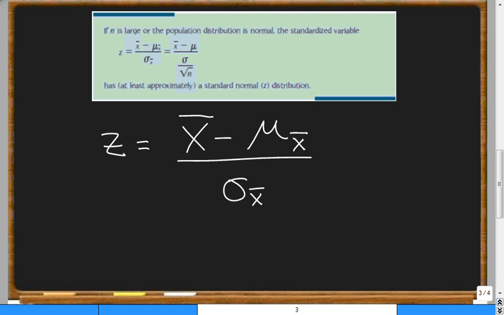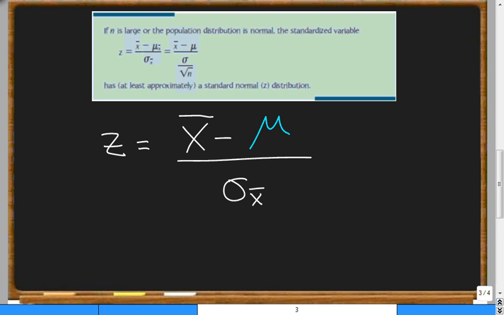But we don't need to know all of these things in order to find it. We know from Rule 1 that the mean of x bar equals our regular mean, so we can replace that with our regular mean. So nothing changes there.